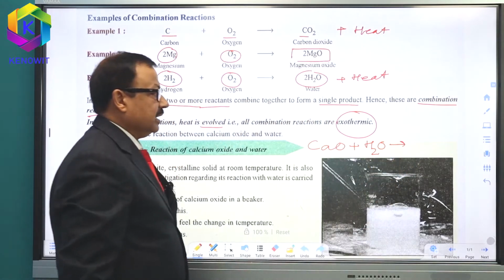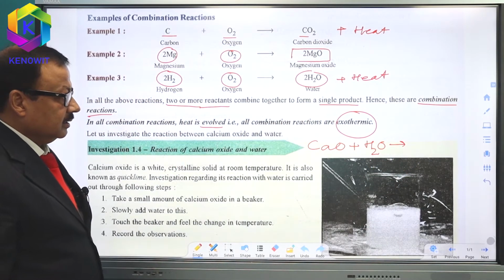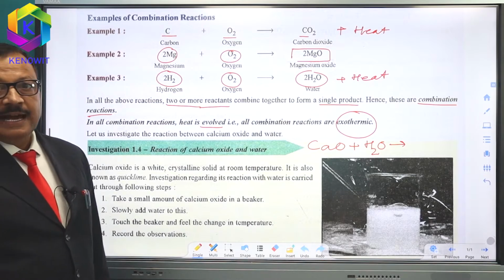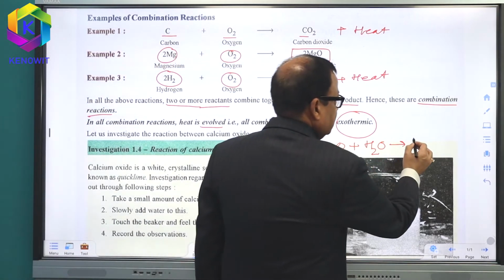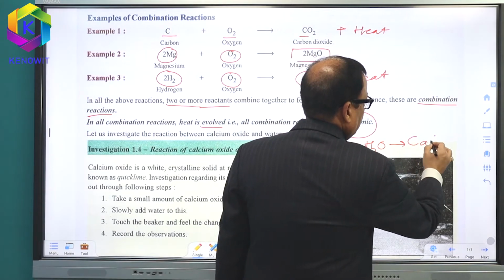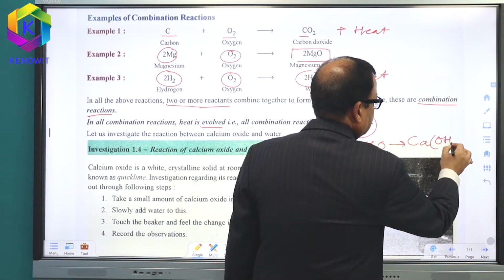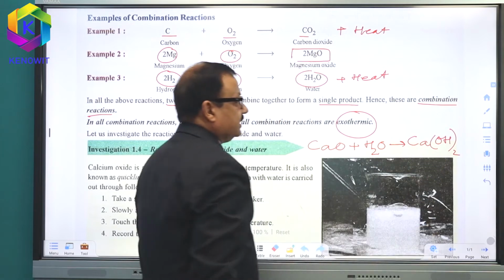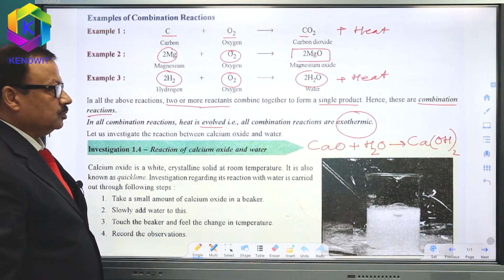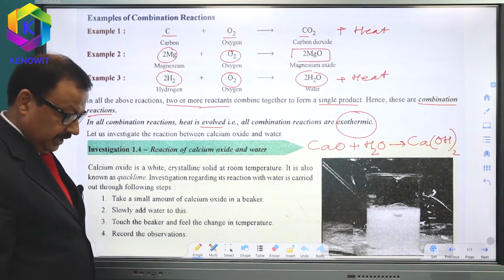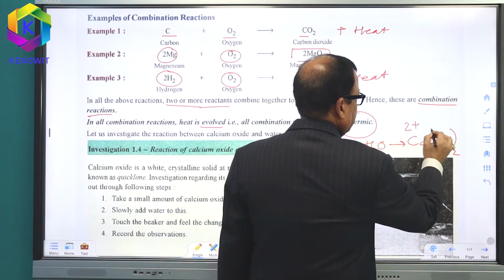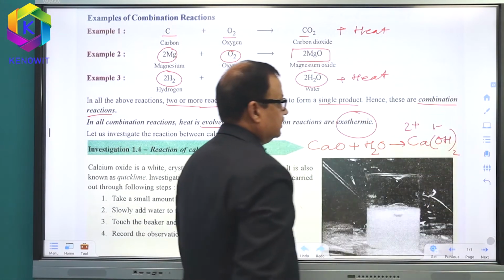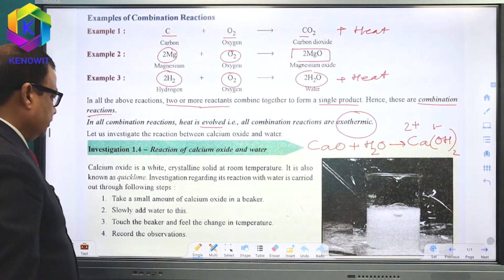When calcium oxide combines with water, calcium oxide, also known as lime, gives calcium hydroxide, Ca(OH)2. In this case, the valency of calcium is 2 and hydroxide is 1: Ca2+ and OH−. So calcium hydroxide is formed.